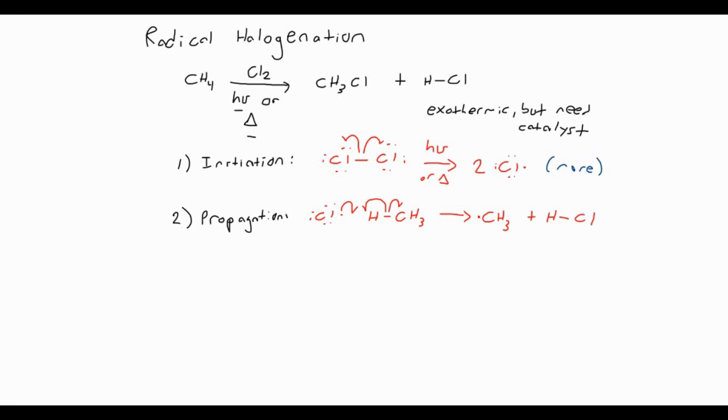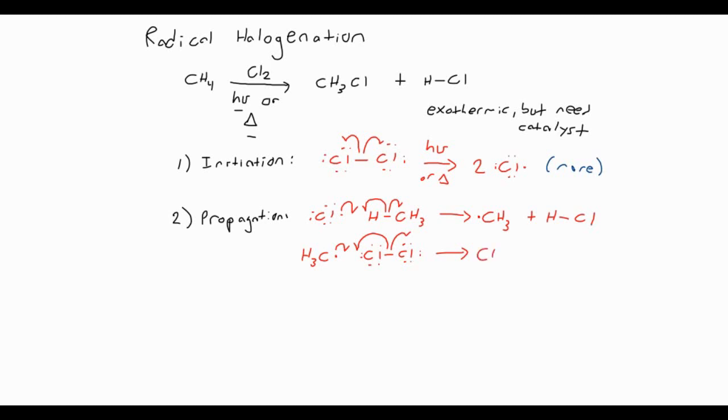And another step we could have is maybe the methyl radical that we formed just now, attacking another molecule of chlorine, so this time the entire molecule, not the radical, and the same sort of electron movement happening here. I'm using single-headed arrows again to show the movement of single electrons, not electron pairs.